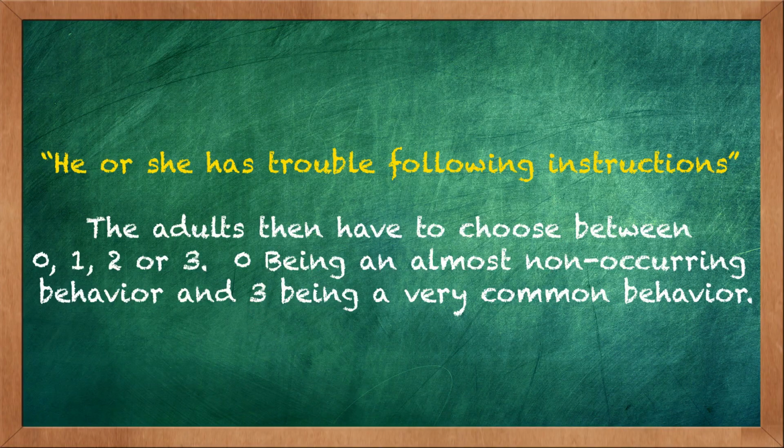This test involves parents and teachers who will be asked to rank their child or student based on a certain behavior. For example, a statement will be made like, he or she has trouble following instructions, and the adults then have to choose between 0, 1, 2, or 3. 0 being an almost non-occurring behavior, and 3 being a very common behavior.